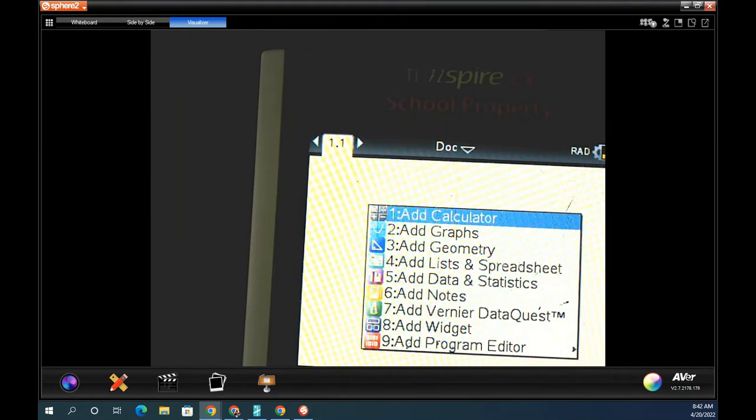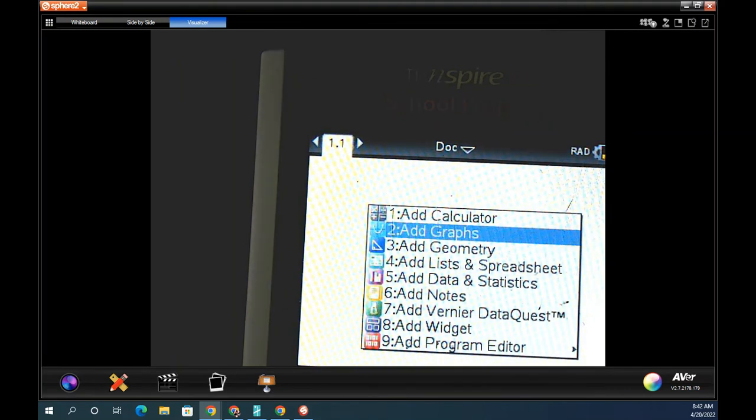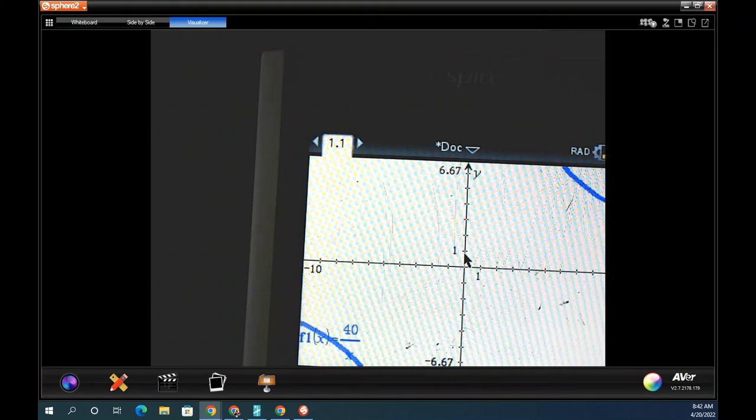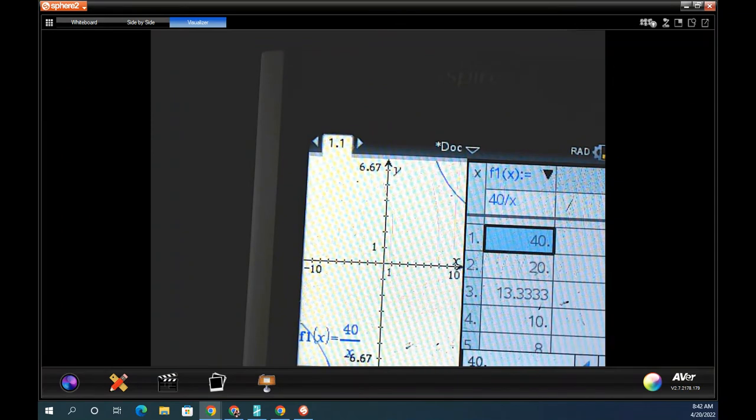Hit enter. And what you're going to do is take that number, 40, divided by x, and hit enter. Then we're going to go to our table. Control T.